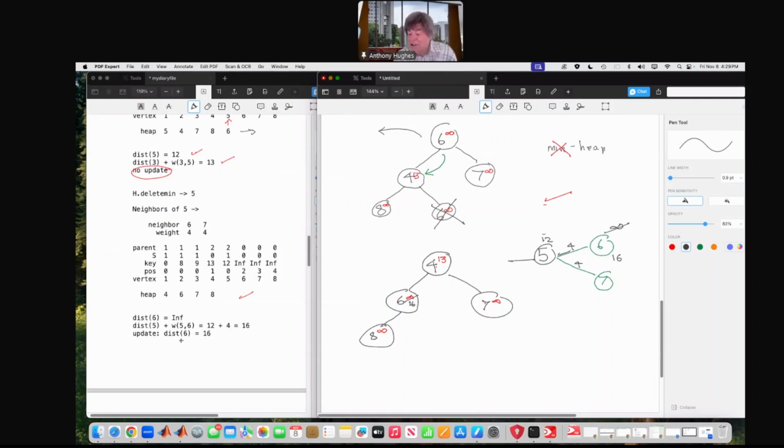Update distance 6 to 16. Let's have a look. We've made it 16. Is it still a min heap? Let's have a vote. 13 here, 16 here, infinity, infinity. Is it still a min heap? Can we have a vote? Some thumbs up? Yes? No? I can't see everybody.